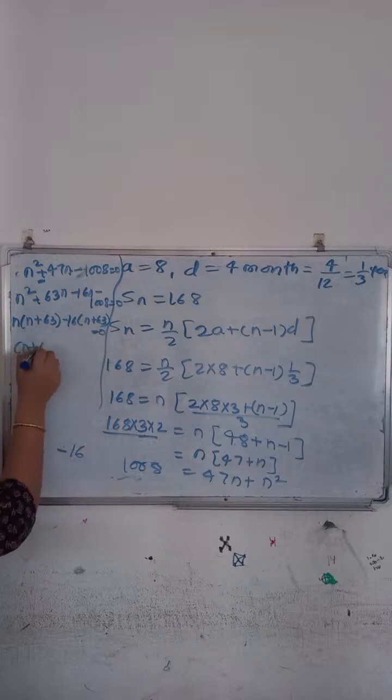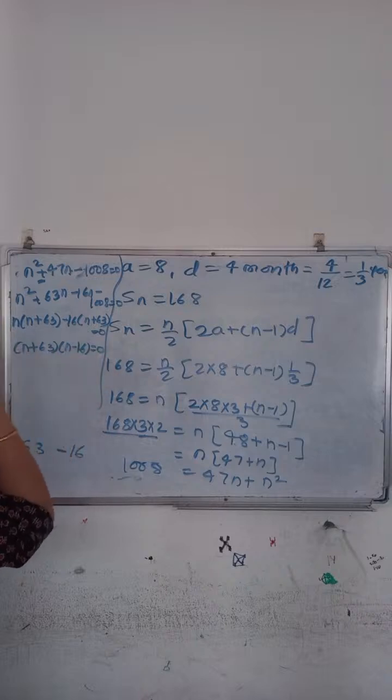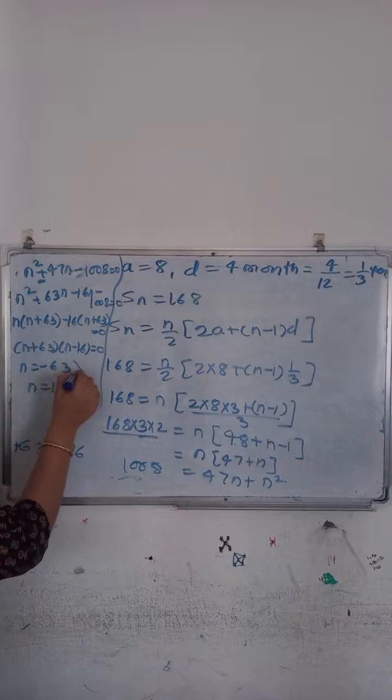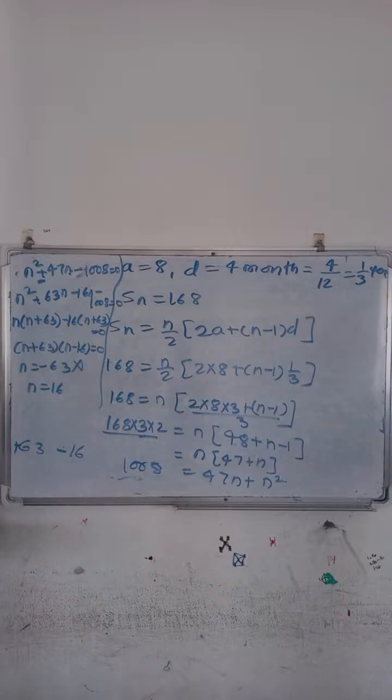So n is equal to minus 63 or n is equal to 16. This is discarded because the number of children is never negative. So n is equal to 16. So a total of 16 students participated.